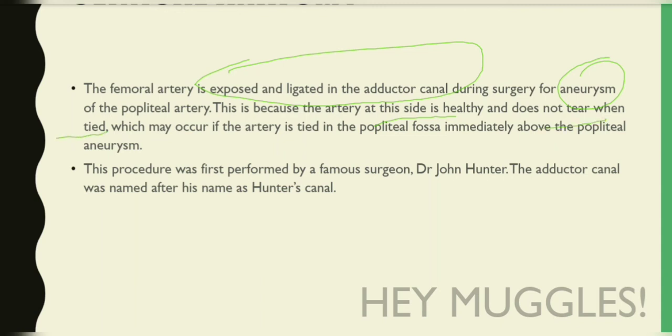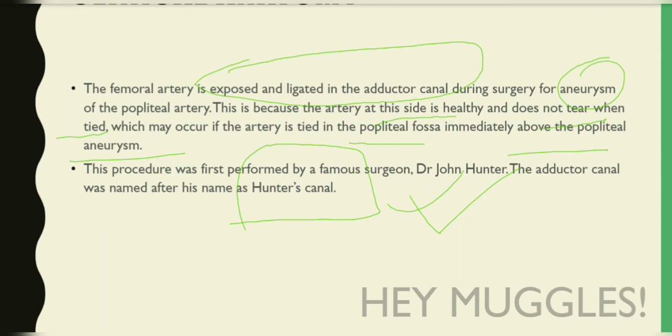Otherwise, it may tear in the popliteal fossa if we tie it above the popliteal aneurysm. This procedure was first performed by a surgeon named Dr. John Hunter, and that is why the adductor canal was named after him, Hunter's canal. It is also known as subsartorial canal, Hunter's canal, or adductor canal.